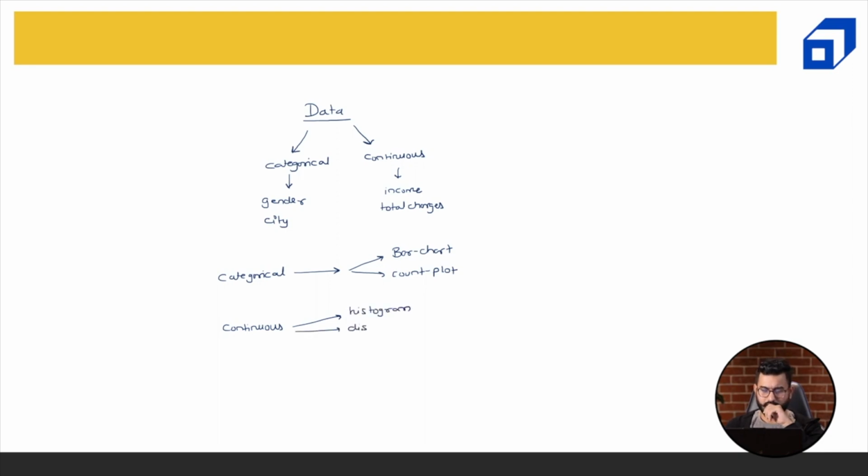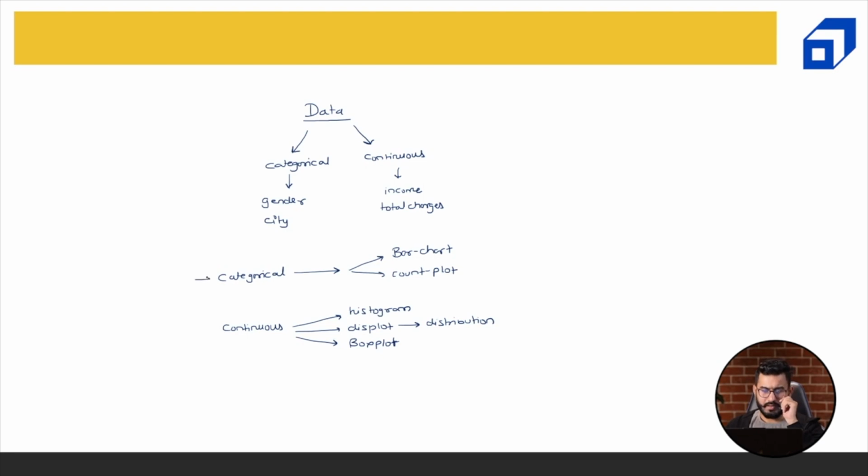One is the dist plot, which is used for plotting distributions. And the third one is the box plot. My personal favorite is the box plot, because it essentially answers all your questions and you don't even need the histogram and dist plot. I personally love plotting box plots.